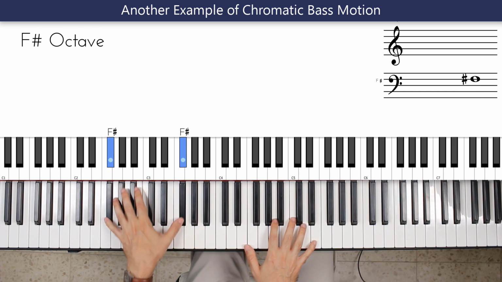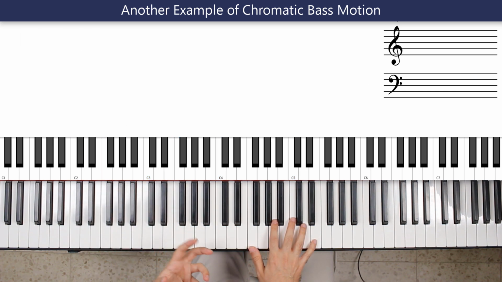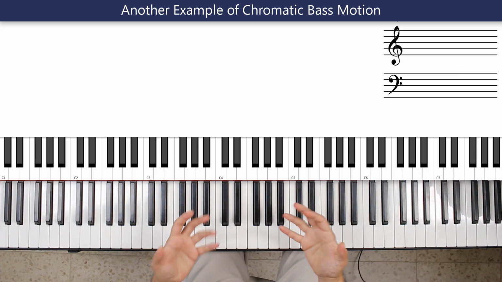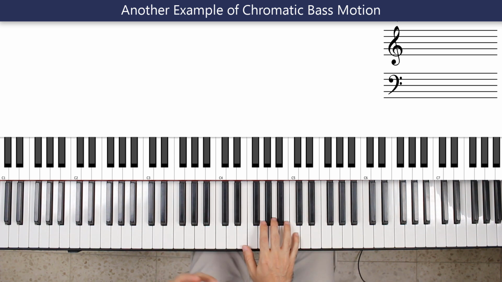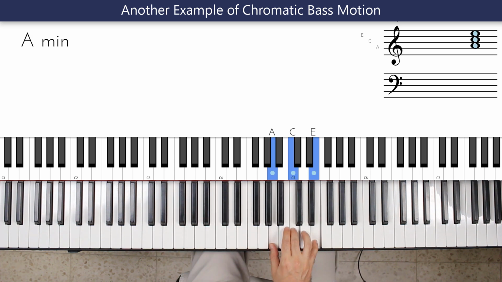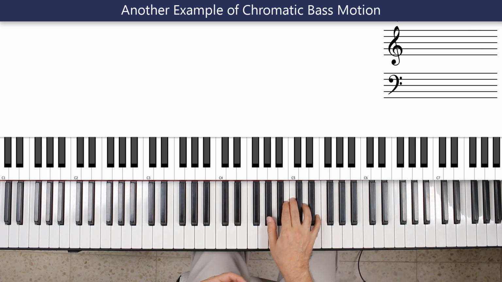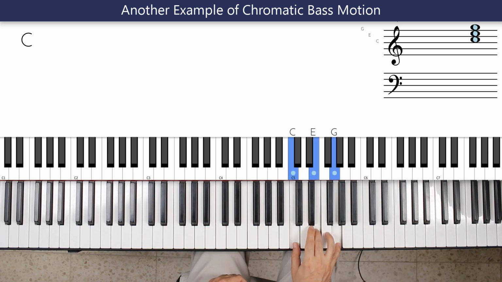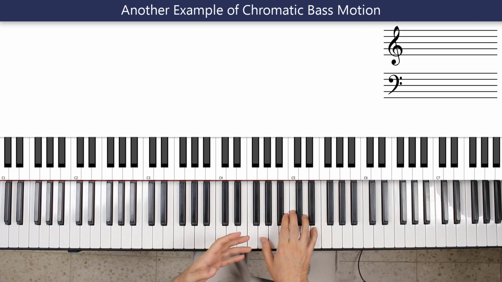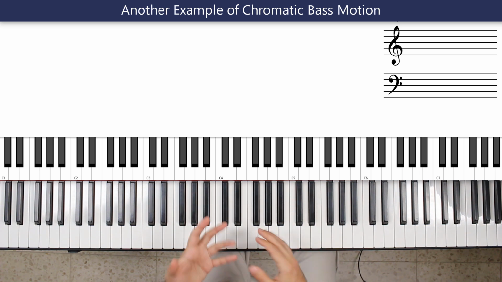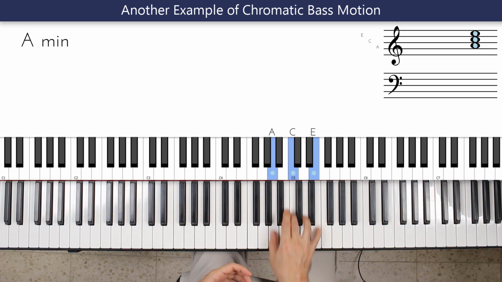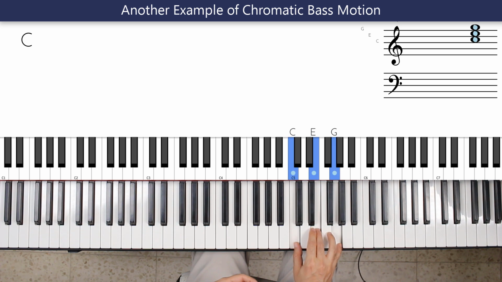So you can see how I moved chromatically with the bass, and that was really the central idea of the chord progression. It wasn't really as much an A minor going to an A flat augmented going to a C. If I were to just play these chords without thinking of the chromatic motion, they would sound kind of weird. So in the root position, say.